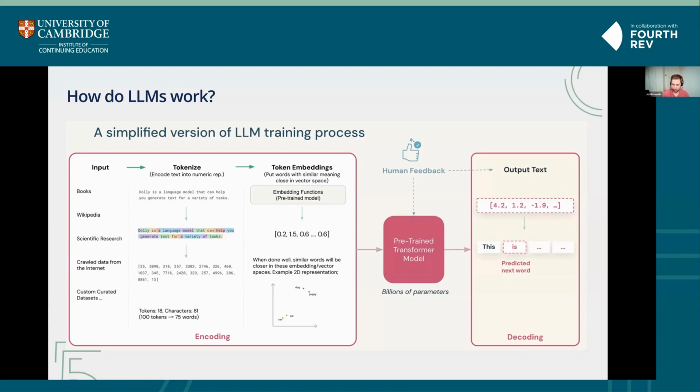One way that the large language models managed to improve upon previous models that had this pre-training process was to also incorporate an additional process called reinforcement learning from human feedback.